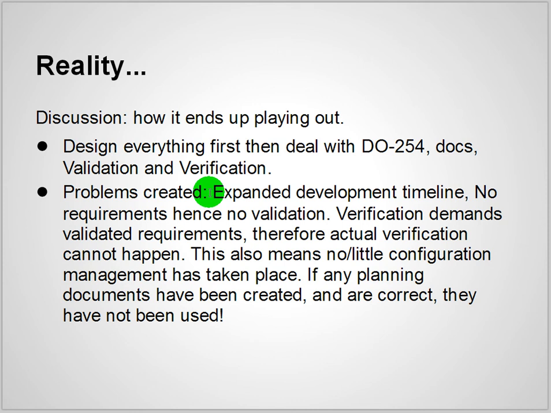Tortoise SVN, that are designed to keep your documents, your software, under version control, to be checked in and checked out, time stamped, etc. This is something that has to happen not just with your design documents, your design data, but also the validation and verification data as well. These are very important documents, very important portions of the process that have to be met.